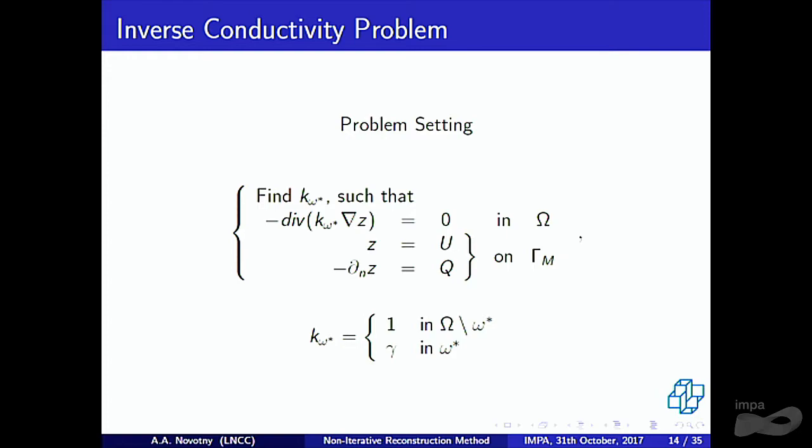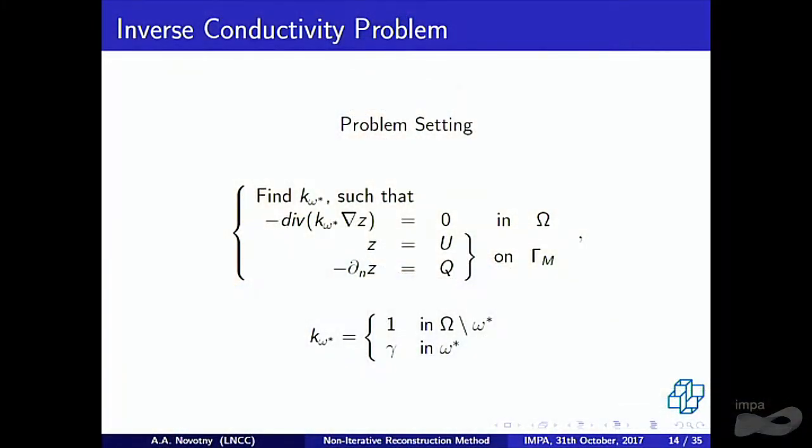Okay, so k omega star is equal to gamma on small omega star and 1 on the complement. Okay, so we have some jumps, some transmission condition which is not written here because we can understand this formulation in the weak sense.